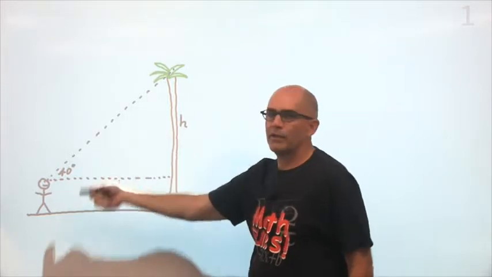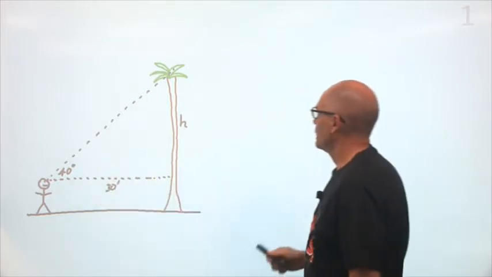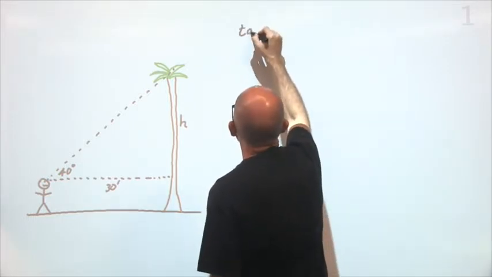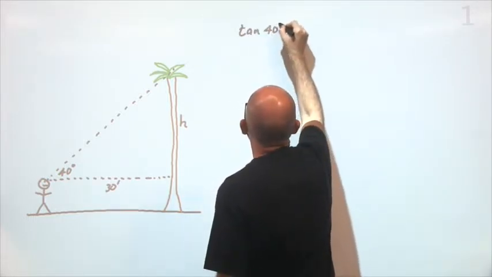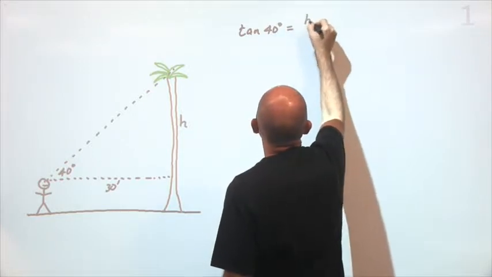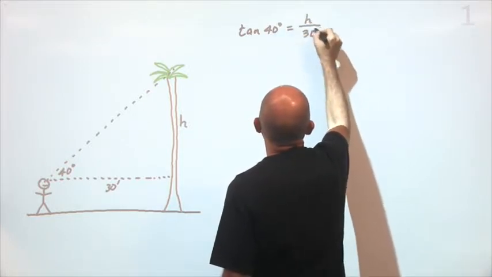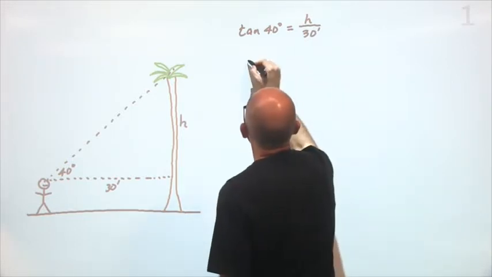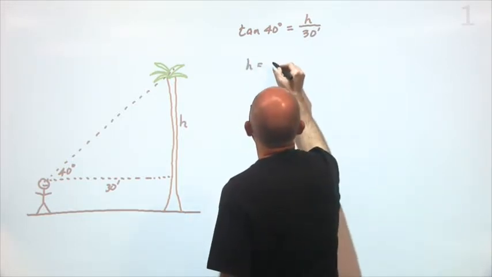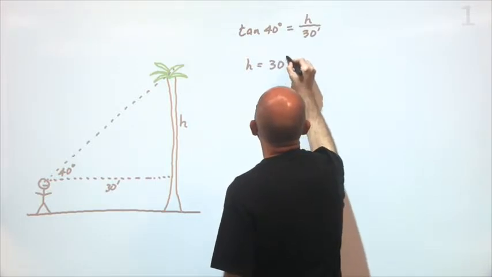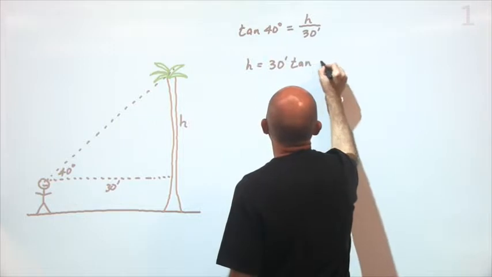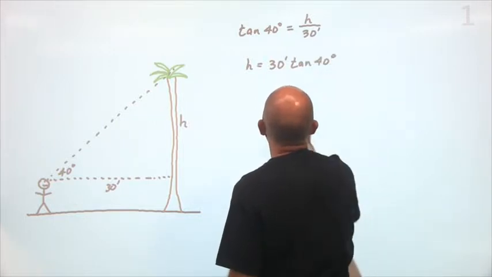Now, we don't care about the hypotenuse, but what we would say then is tangent of 40 degrees equals h over 30 feet. So now I solve for h. So h equals 30 feet times tangent of 40 degrees.